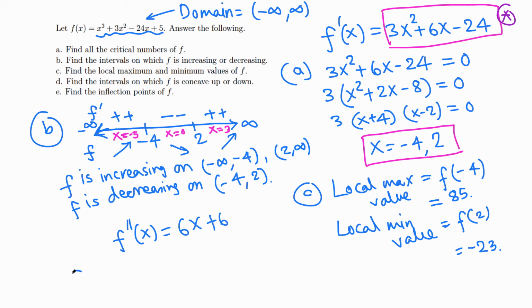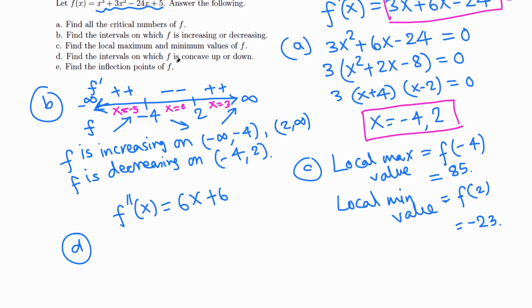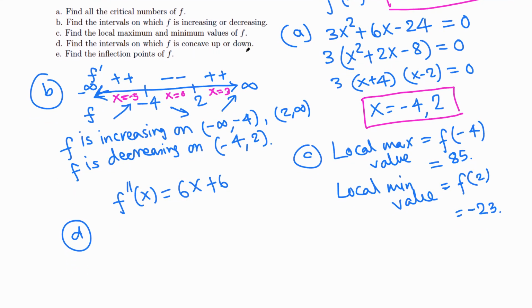Now we can answer part D. Find the intervals on which the function is concave up or down. Now we kind of repeat A. When we are finding the intervals where the function is increasing or decreasing, we just use the first derivative. Now we're going to use the second derivative for concavity, but everything is the same.